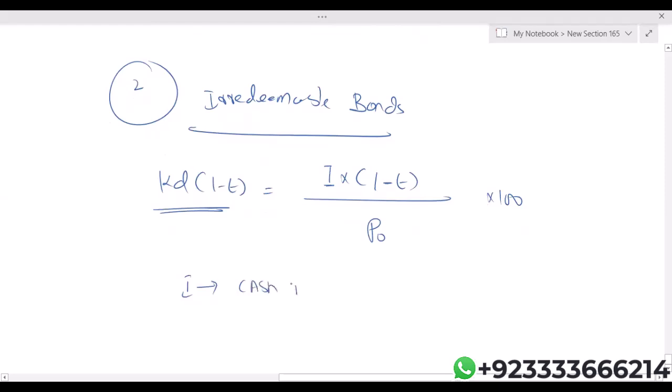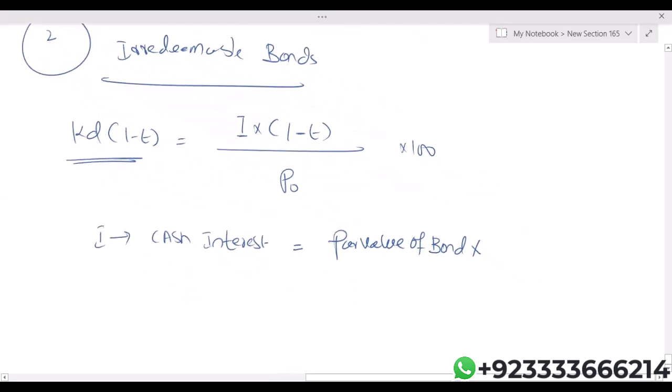How do we calculate cash interest? Let me show you. You will have to take the par value of the bond, also called the nominal value of the bond.